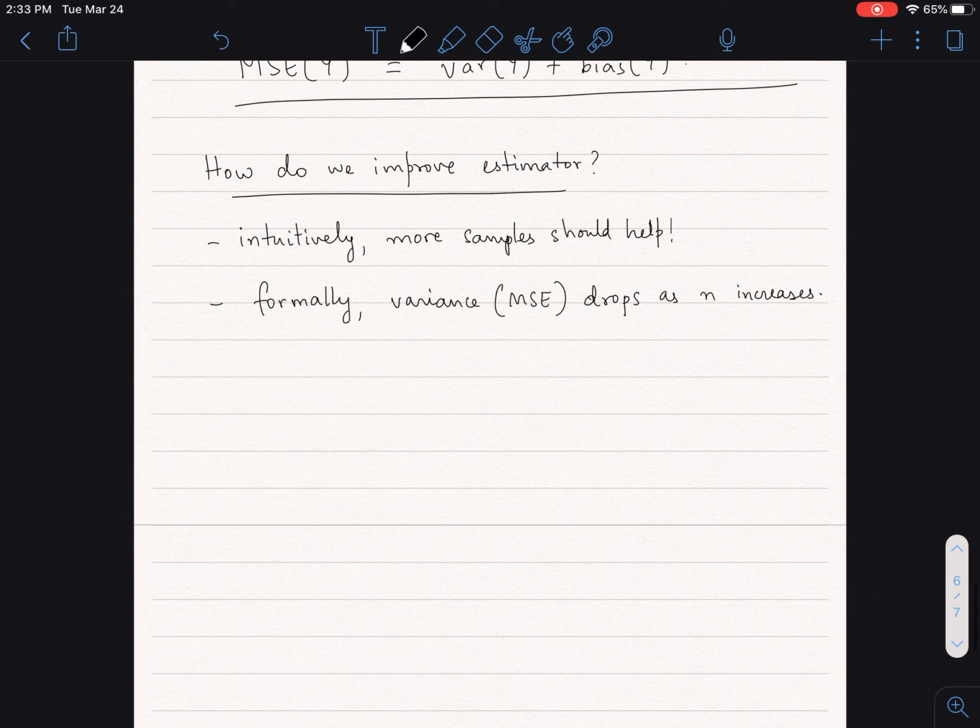Now suppose you have the same model as before. Let's stick to the same model.